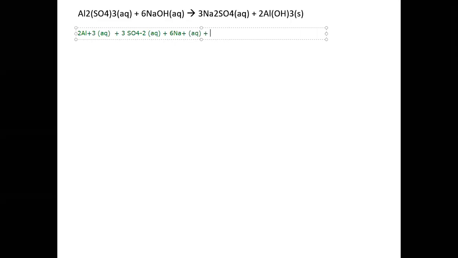So what I'm doing right now is writing all the reactants as ions because they're all aqueous. I've broken apart all the reactants because they're both aqueous. I do the same thing for sodium sulfate, but again that 3 gets distributed to the sodium and the sulfate.